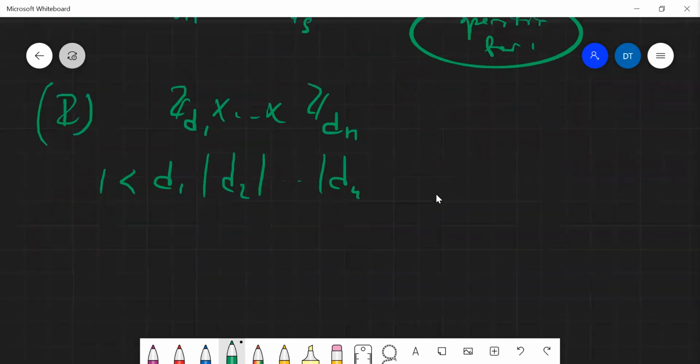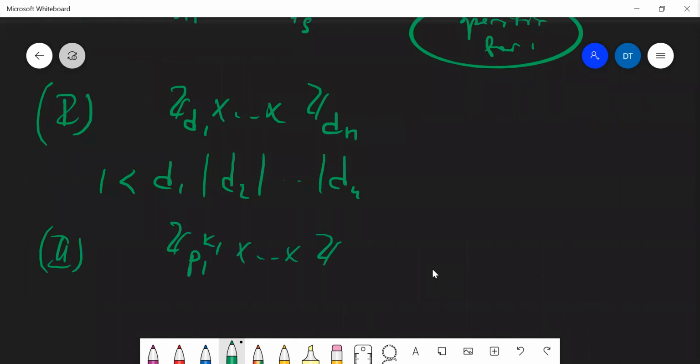And form number two: you write your group as a product of cyclic subgroups, where the order of each cyclic subgroup is the power of a prime number. The prime numbers may go with repetition.